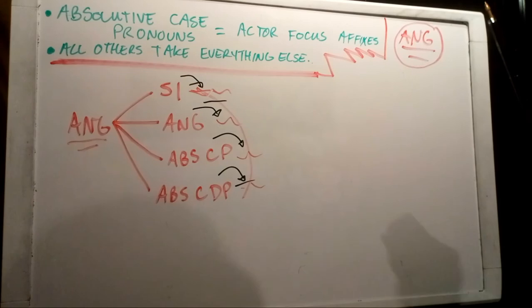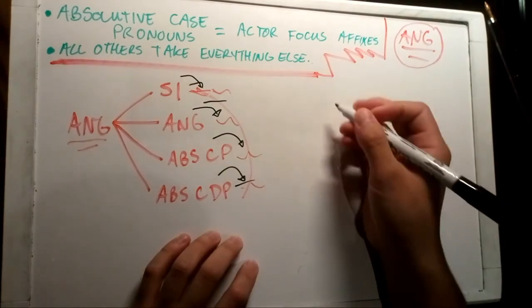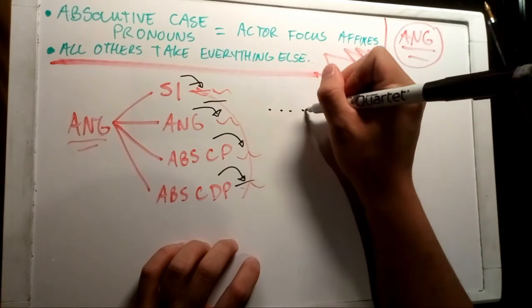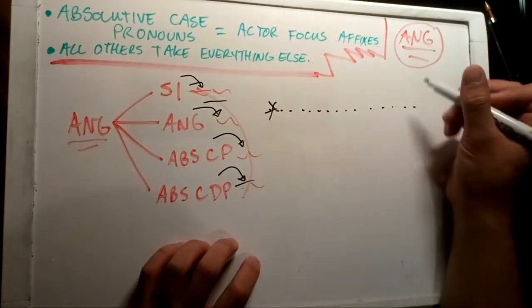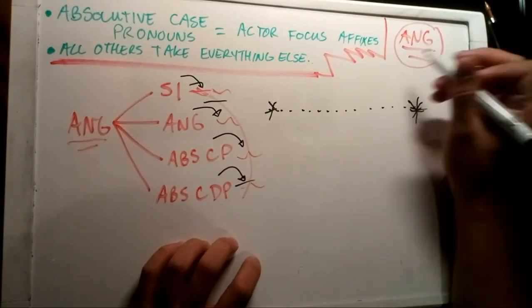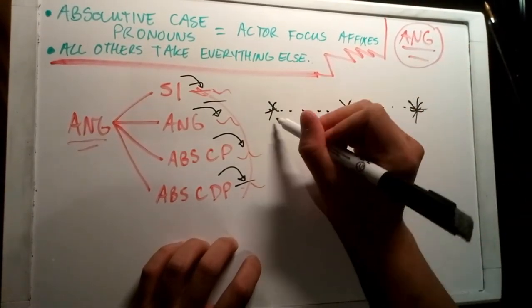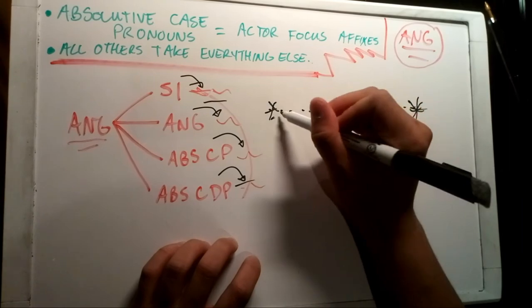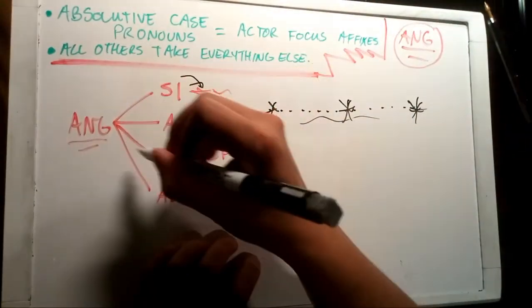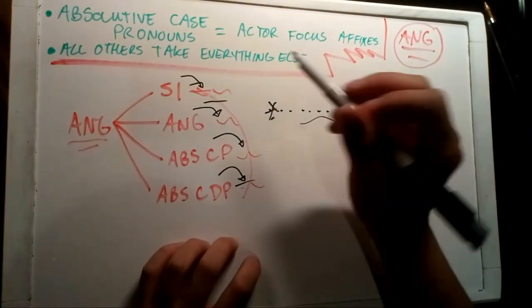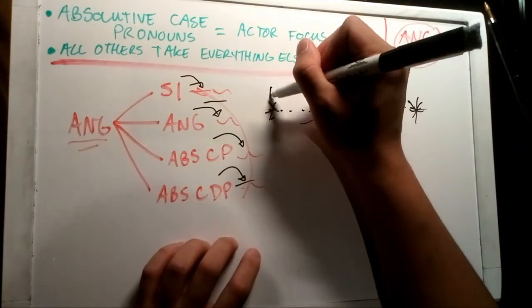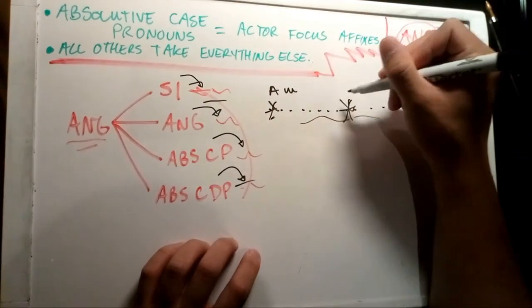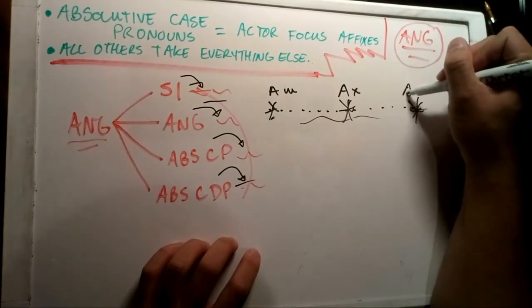Now, in a sentence though, ang can go anywhere. If we have a sentence, ang can be placed in the beginning, in the middle, or at the end. It can be placed anywhere, as long as this ang is marking whatever we wanted. Ang whatever, ang whatever.